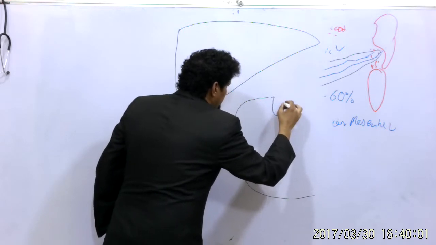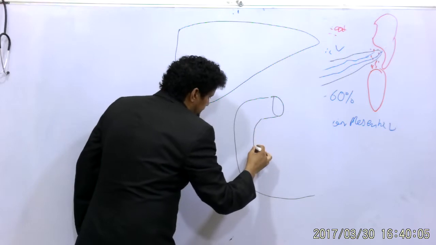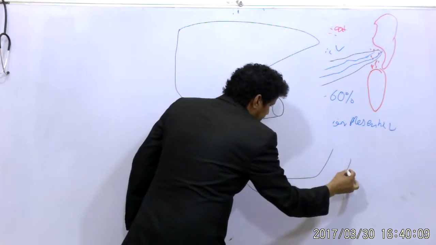This is the pylorus of the stomach. The first part, second part, third part and fourth part of the duodenum.